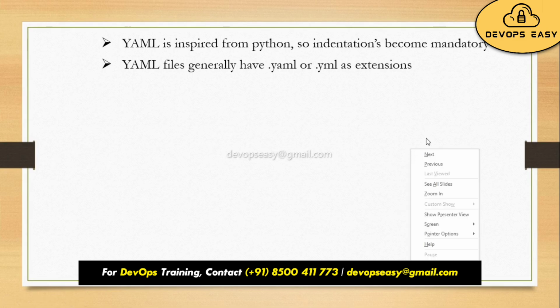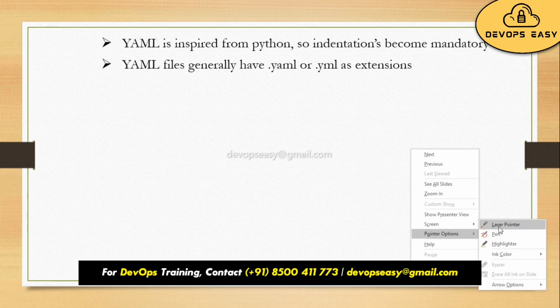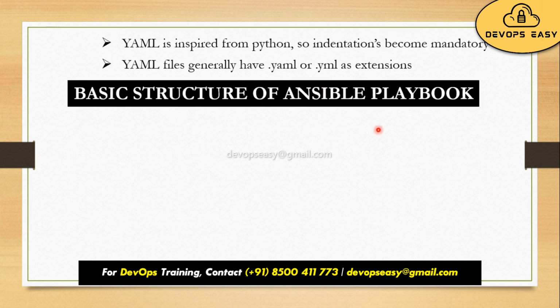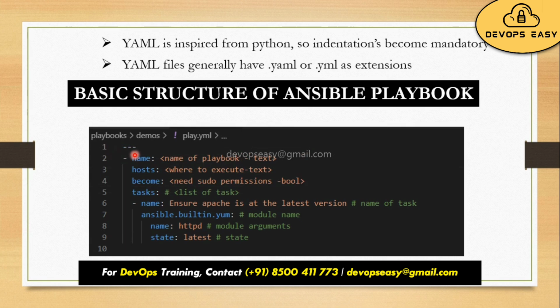YAML files generally have the .yaml or .yml format. So, Ansible playbook structure. What is the basic structure of an Ansible playbook? You will have 3 dashes. Every YAML file starts with 3 dashes. And you will have the name of the playbook, hyphen name.